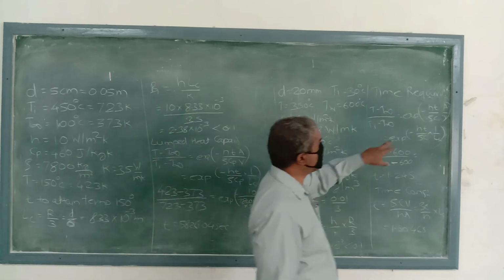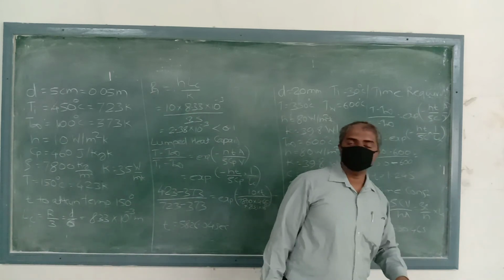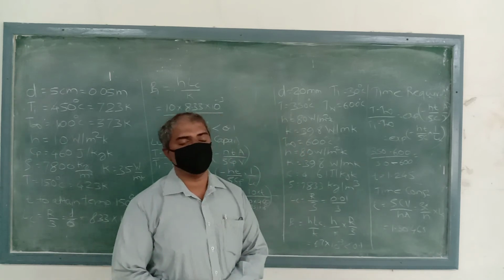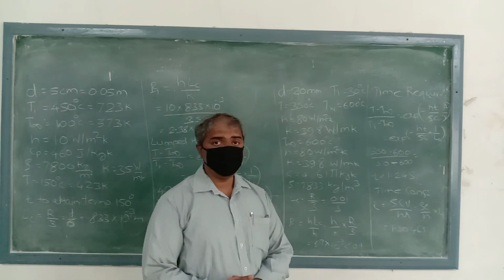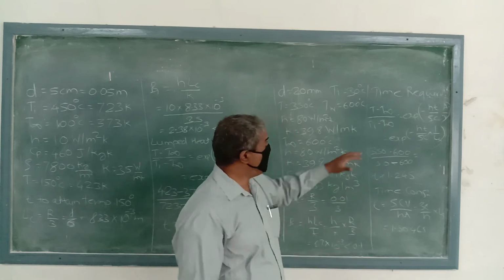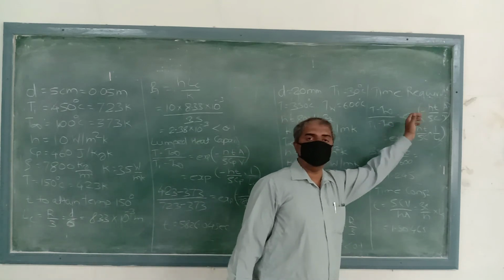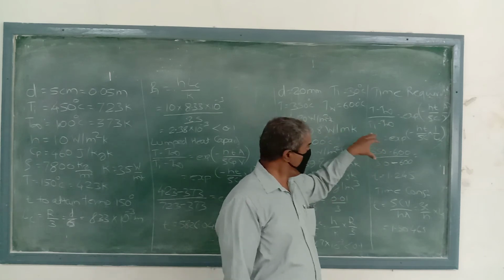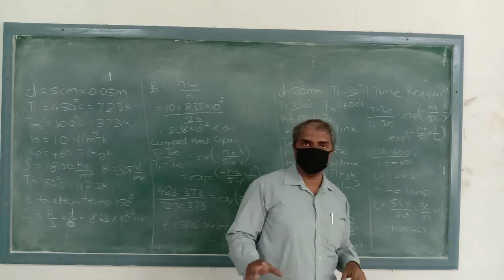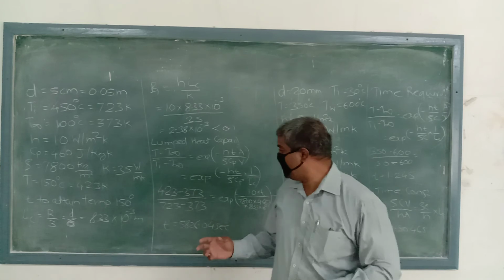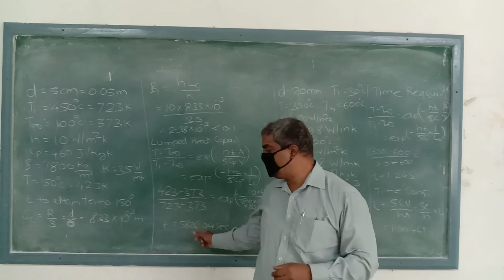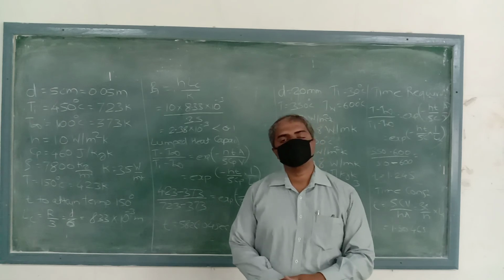This minus sign is very important. Many times while solving on the calculator, you forget this negative sign. This value is e raised to this value, so you have to solve this equation on the calculator. This is a challenging task, and once you are able to solve this, you can easily get the time.